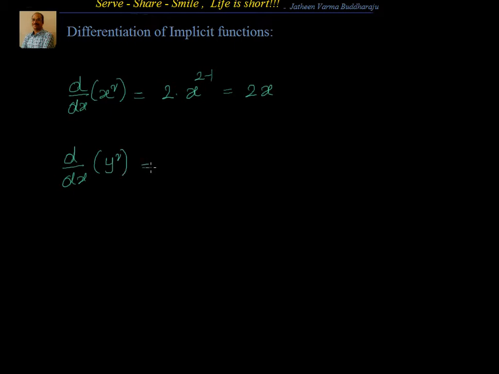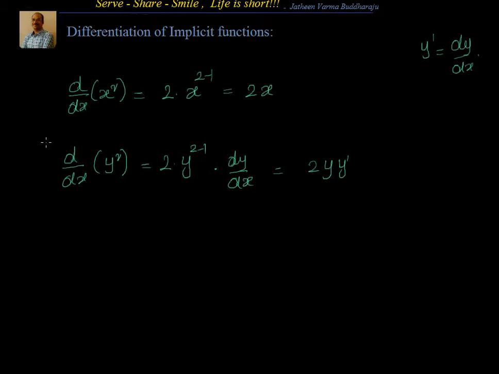We know that y is also another variable like x, so we apply the same formula, 2y to the power of 2 minus 1, but in addition you will also have dy by dx because you are differentiating y with respect to x. We can write it as 2y y dash, where y dash is equal to dy by dx for simplicity.